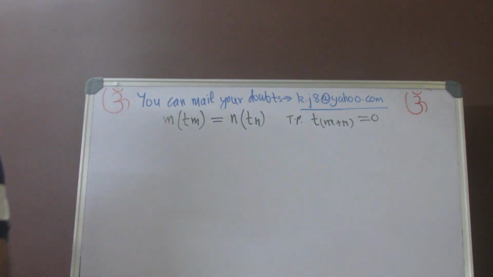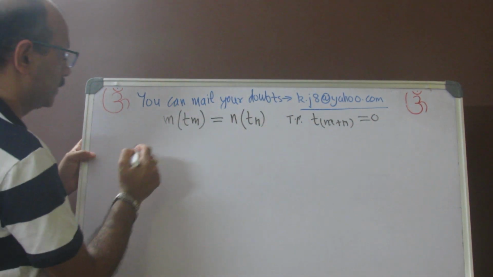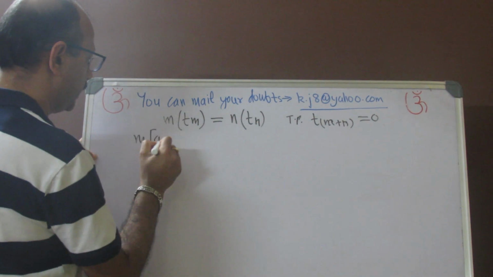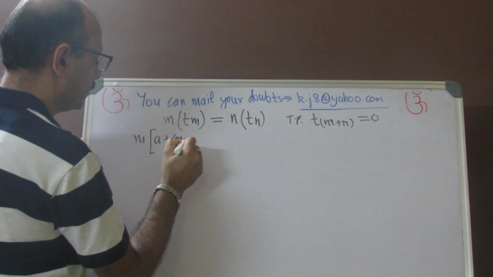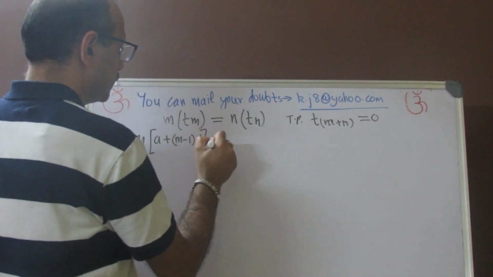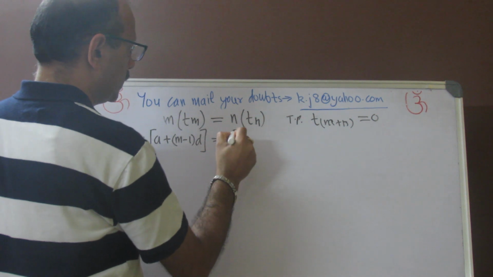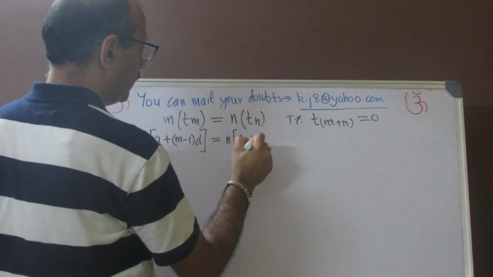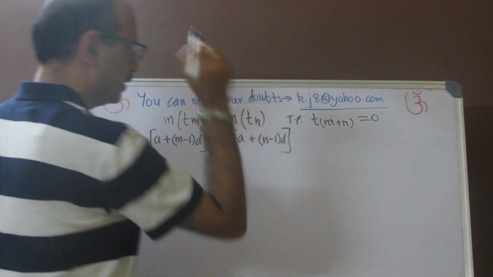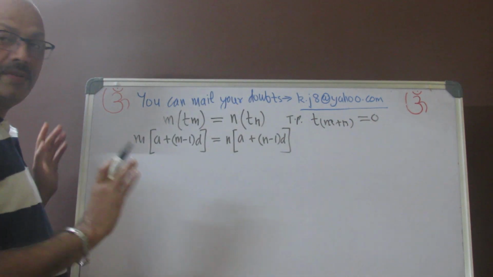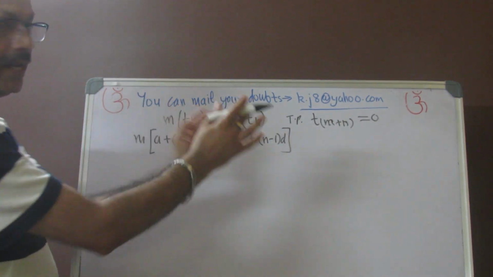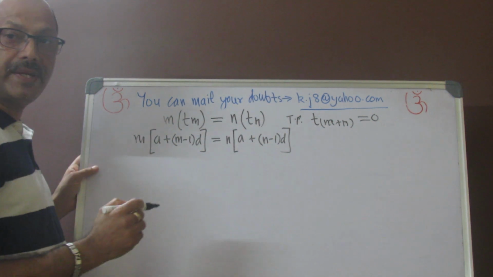Okay, now let us start. So m into Tm, Tm would be what? A plus m minus 1 d, equals n into Tn. Now what is Tn? Tn would be a plus n minus 1 d. Now again, what are we doing? We will figure out a relationship between A and D, like we did in the previous sum.